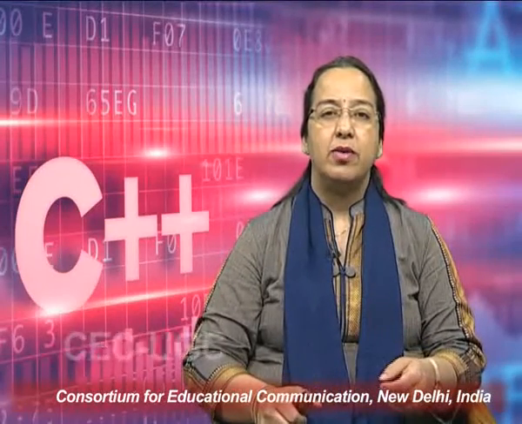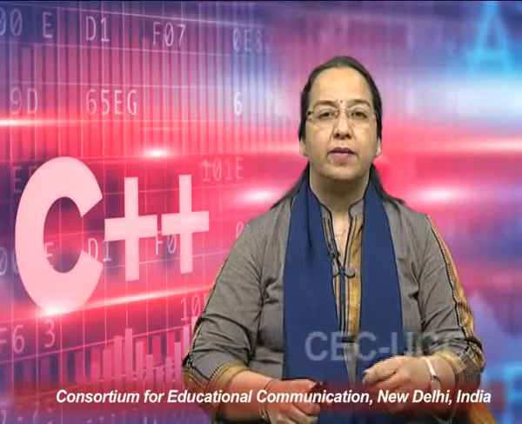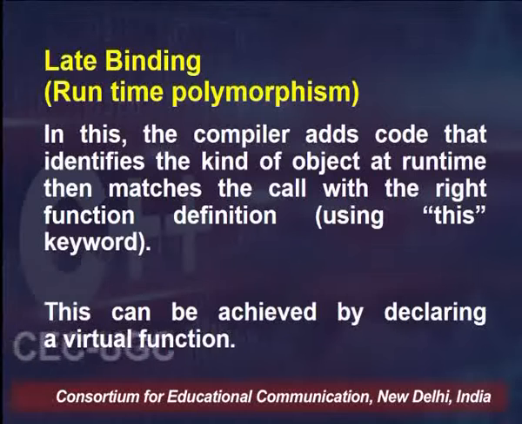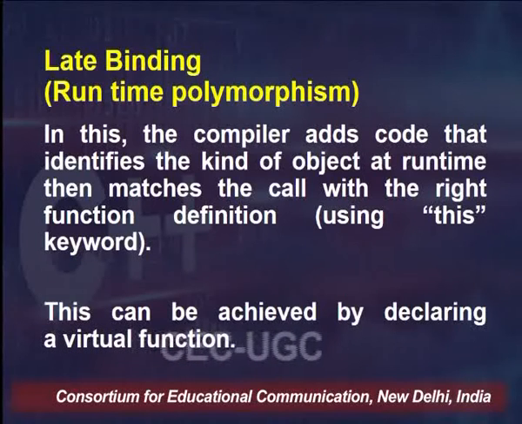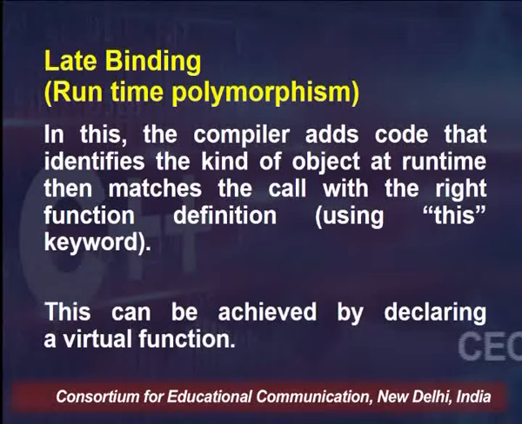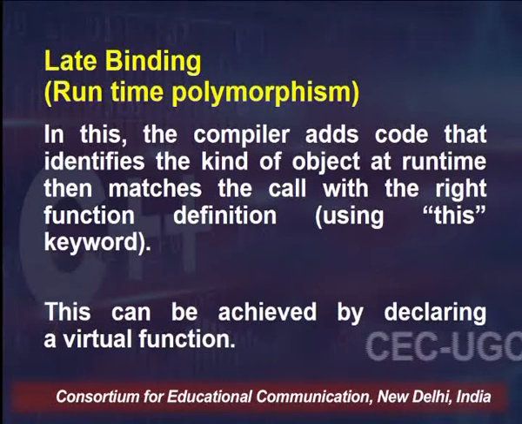In runtime polymorphism, the compiler adds the code that identifies the kind of object at runtime. This is done at runtime, and the object will match the call with the right function definition, and this right function definition is achieved with the help of the virtual keyword.